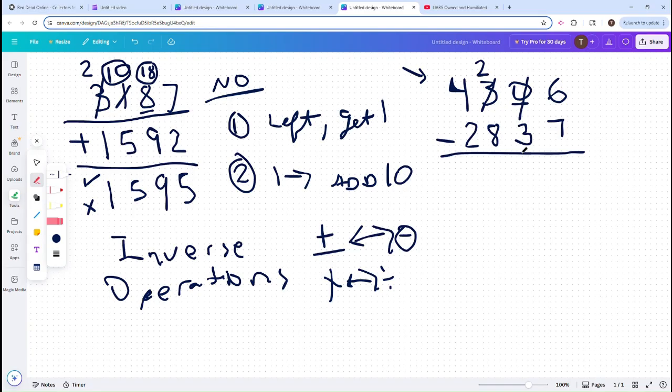Whatever you use 1 from, that number goes down 1. This number goes up 10. But be careful, because we're not even on this number yet. We're still trying to take 7 from 6. Remember, we started borrowing here, but this number didn't have any.